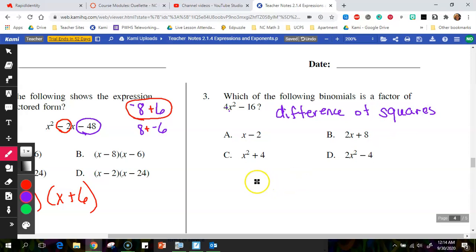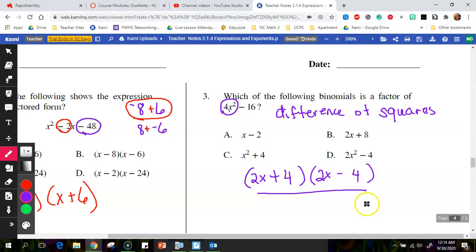If you remember, to factor the difference of 2 squares, you're going to have a plus and a minus, and then the first term needs to be the square root of this right here. Well, the square root of 4 is 2, and the square root of x squared is x. So 2x is the first term there. And then the square root of 16 is 4. So this is factored right here, and what they're asking me is which one of these is one of the factors. The only one that matches is D, because that is the same thing as that right there.